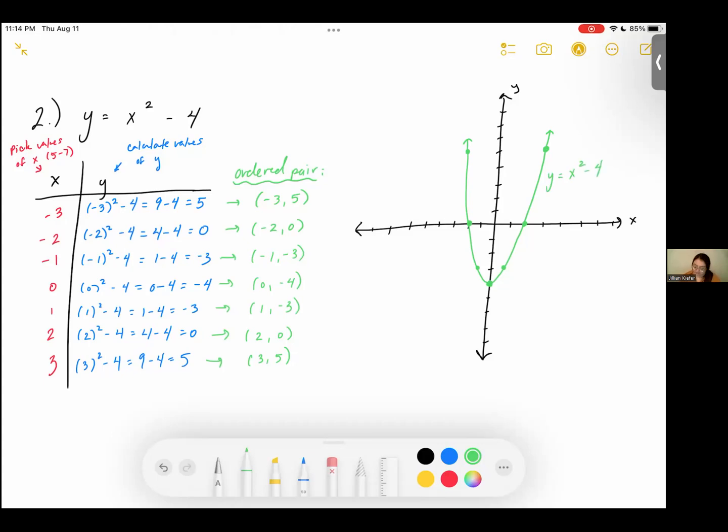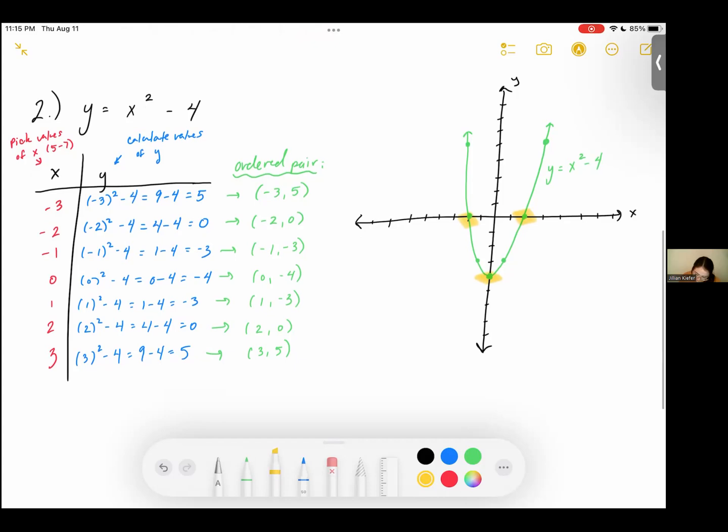Now the last thing that we had to do was find the x and y intercepts. So our x and y intercepts are going to be where our graph crosses each axis. So our x-intercepts cross the x-axis right there. And our graph crosses the y-axis right there as well. Now the ordered pairs that these go along with are -2, 0, 0, -4, and 2, 0.